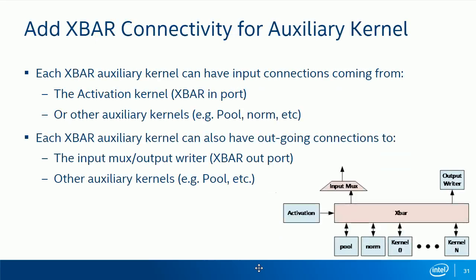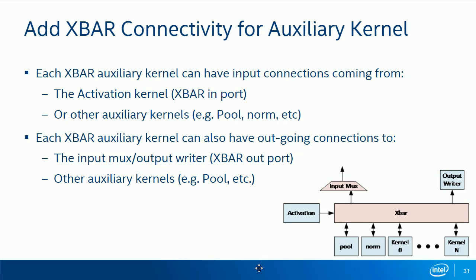The crossbar is where all the auxiliary kernels are connected to each other, as well as to the input from the activation, and the output to the stream buffer through the input mux or the output writer to DDR. The crossbar is usually not a fully populated crossbar, so you should only make connections where needed to save FPGA resources.